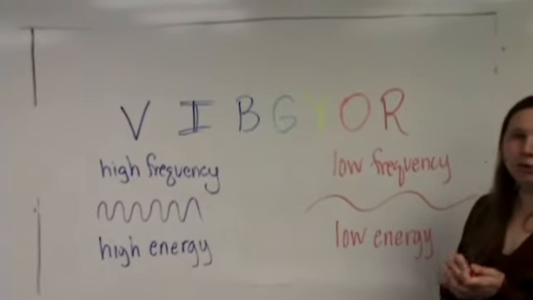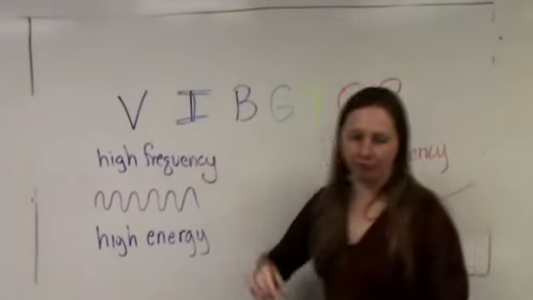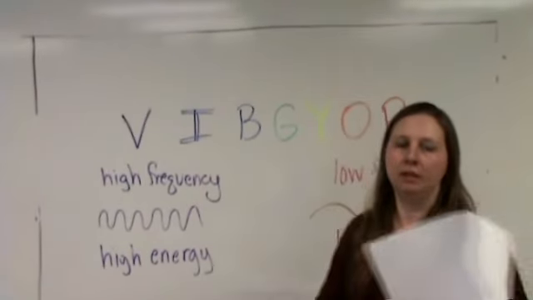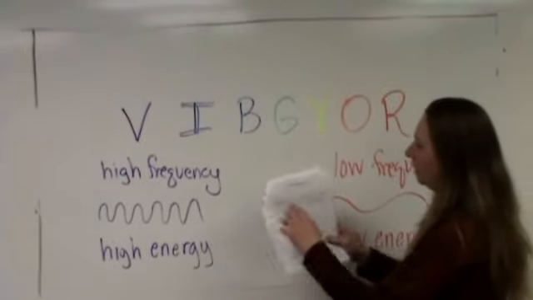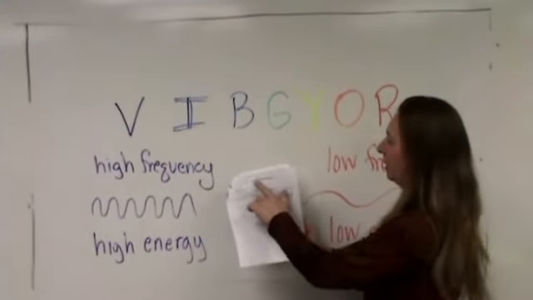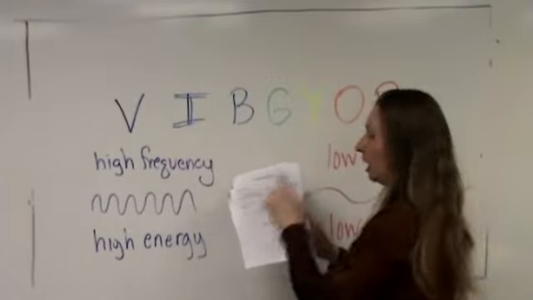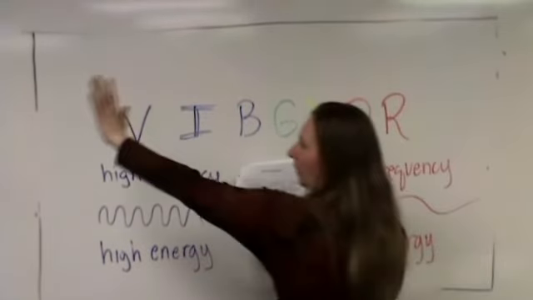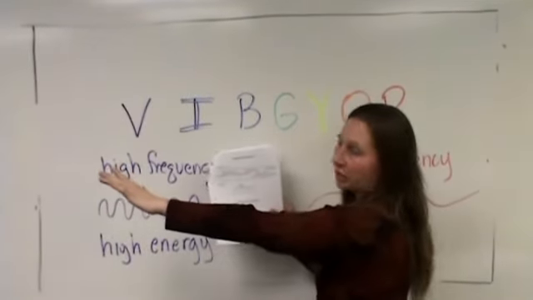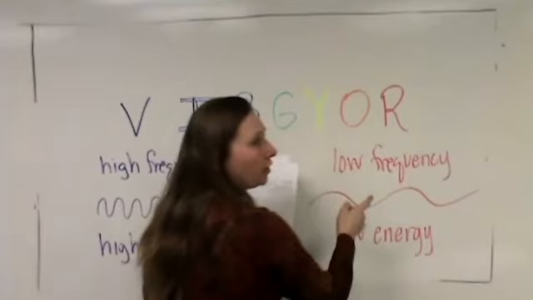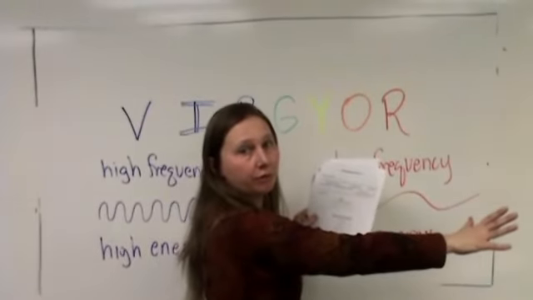Now, I know you recognize Roy G. Biv. The reason that I drew it backwards is because on your reference table, the electromagnetic spectrum, New York State put the high frequency light on the left side of your reference table and the low frequency light on the right side of your reference table.